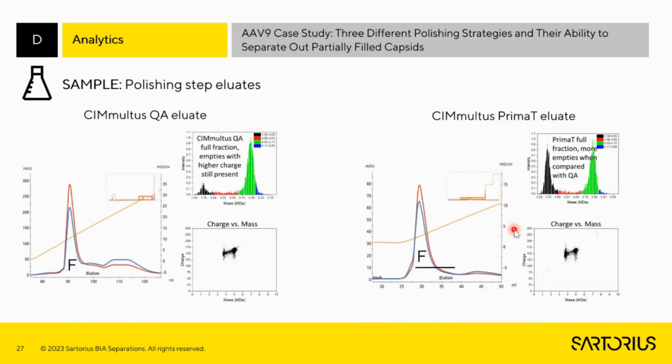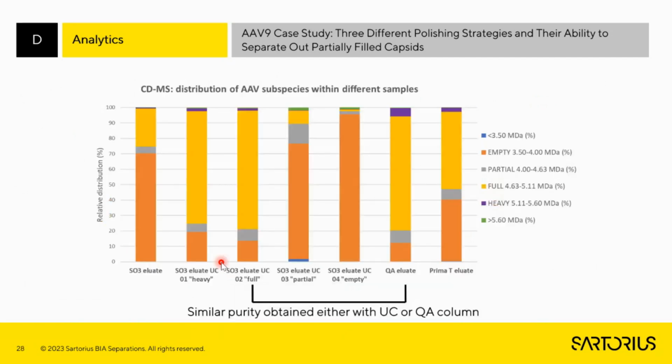And then we have the polishing step eluates, the QA eluate and the Prima T eluate. We see that in the QA we have mainly full capsids, also some others, so we have empty, partials, full, and then heavier capsids. But in the Prima T, because of the fractionation approach, we have more contamination with the empty capsids. Still, looking at the charge differences, we see again this high heterogeneity of empty capsids.